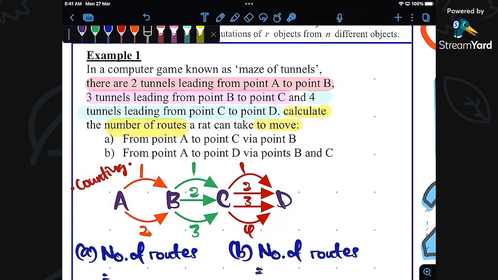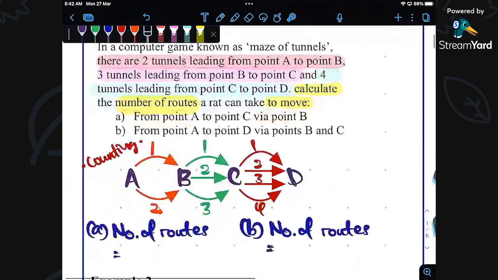And then we have 3 tunnels leading from point B to point C. So this is 1, 2, 3, 3 in total. And then there are 4 tunnels leading from point C to point D. So 1, 2, 3, and 4, 4 in total. Calculate the number of routes a rat can take to move from point A to point C via B.